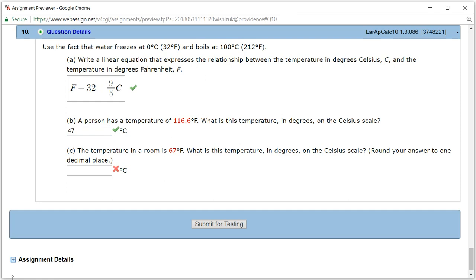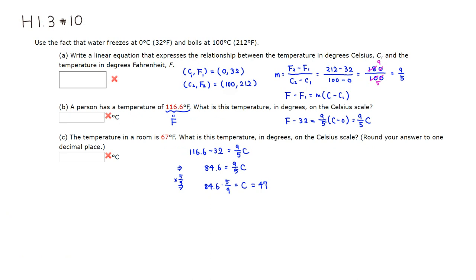Now let's do part C. It's basically the same question, except that F is now 67 degrees. So it's exactly the same thing: 67 is F now instead of 116.6.